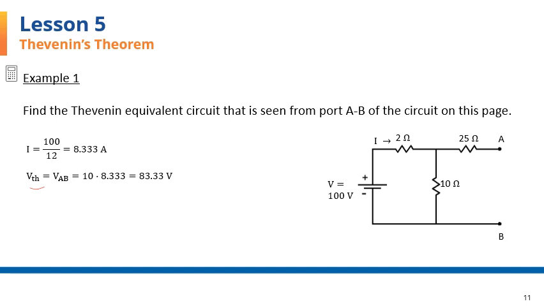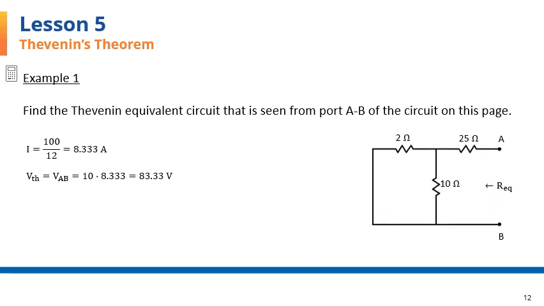Now we need to find the R equivalent, and we find that by first zeroing out the voltage source, which means replacing the voltage source with a short circuit, and then looking from the port AB into the circuit and calculating the equivalent resistance seen from there.